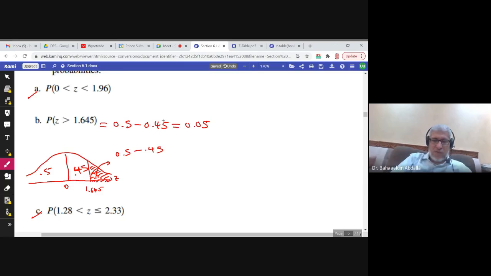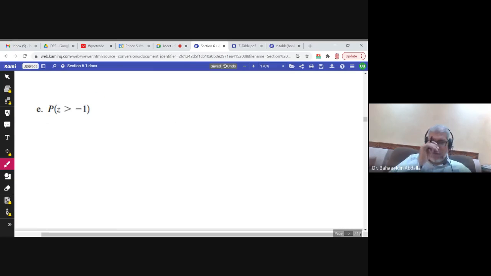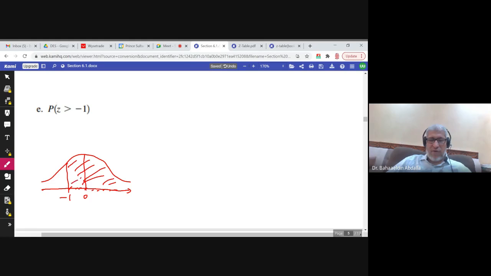0.05. Let us conclude by the graph of the probability of z greater than -1. Notice here that -1 is to the left of zero, and he needs z to be greater than. So he is asking about all of this area. We know that this is 0.5, and we can find this from the table. How can we find this from the table?